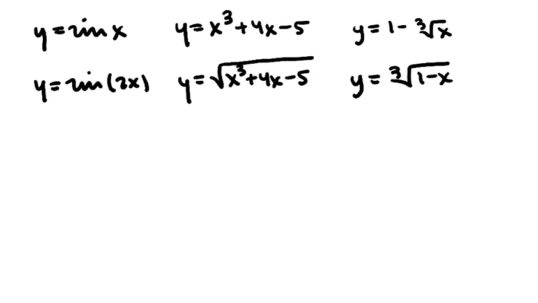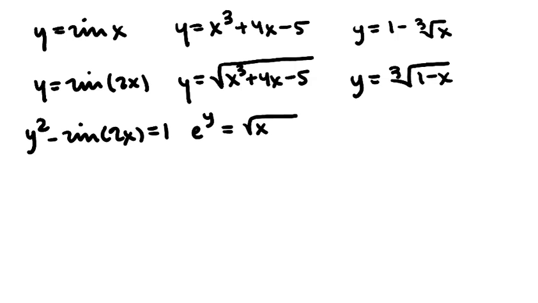Now what we're going to do is look at implicitly defined curves, which are honestly much more interesting. Notice how these are all y equals and then a string of things involving x. Well, what if we had something like y squared minus sine 2x equaling 1, or e to the y equals the square root of x minus 5, or the natural log of y times the third root of 1 minus x equals 0?